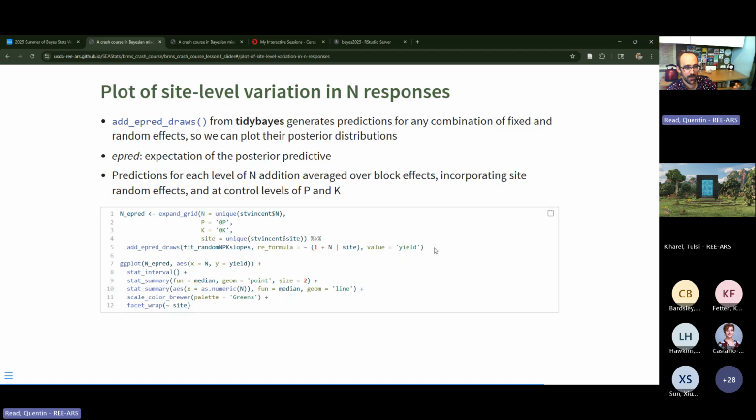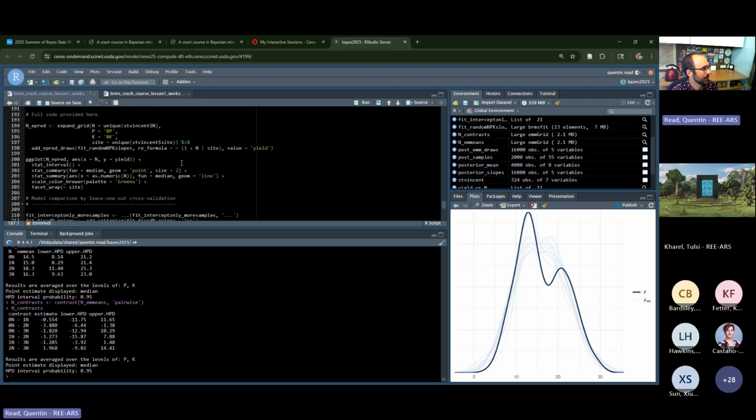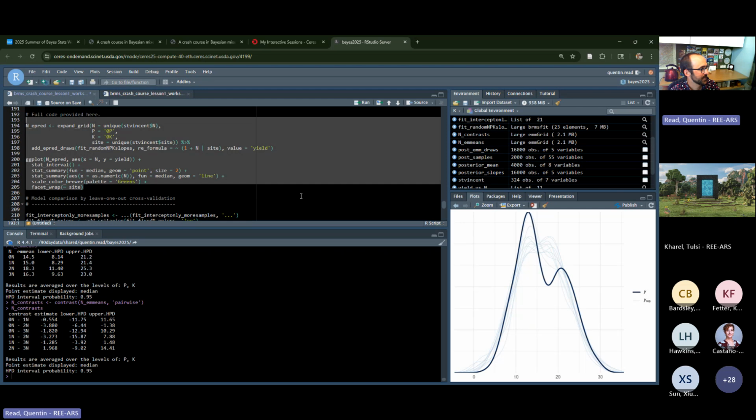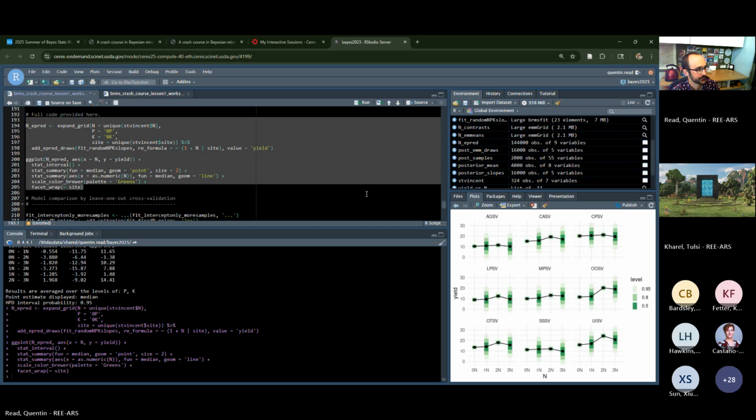So we can make predictions conditioned on fixed effects, random effects, anything we want, and then I'm going to make a plot of that. What does our model predict? I didn't give you any fill in the blanks. You can just highlight that whole thing and run it to make the plot. You can see that these black lines are the median predictions, and then we have credible intervals.